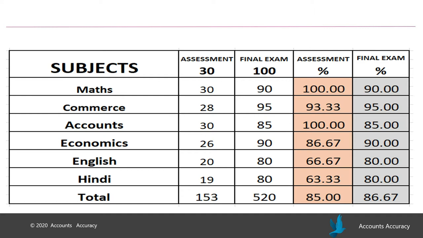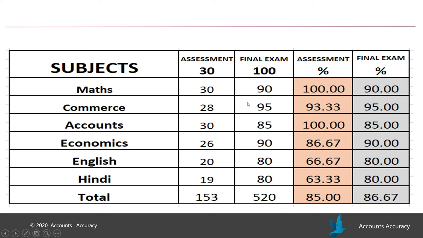For that, you will have to directly find out the percentages of both the marks. By finding out the percentage of your assessment as well as final exam marks, you would be able to know your progress, because here you are finding out the percentage in total keeping 100 as base.